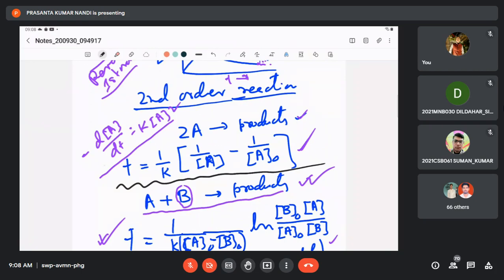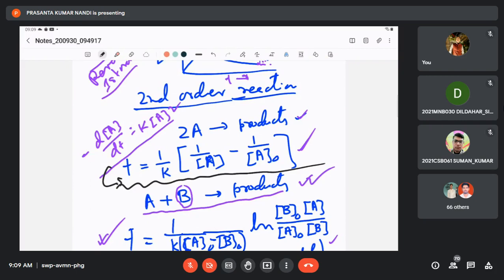Starting from this equation, you can easily get this expression, that is t equal to 1 upon k, the rate constant, into 1 upon A, that is the concentration of reactant at any time, minus 1 upon A0, that is the reactant concentration at the very beginning, before the start of the reaction.